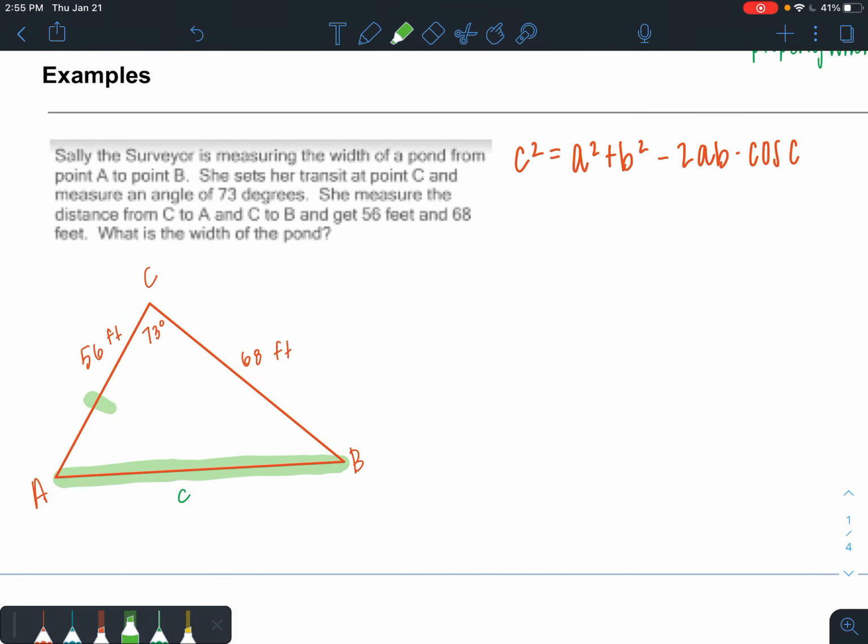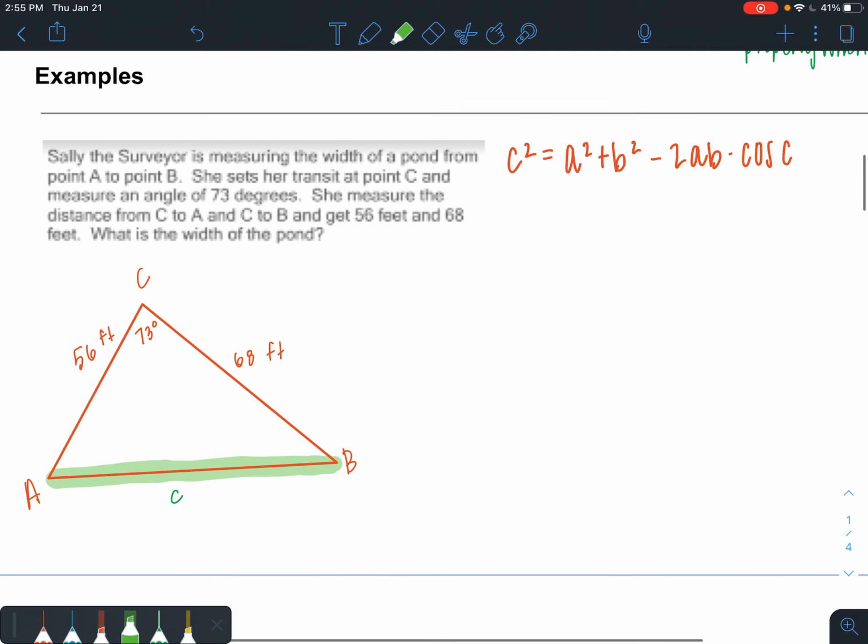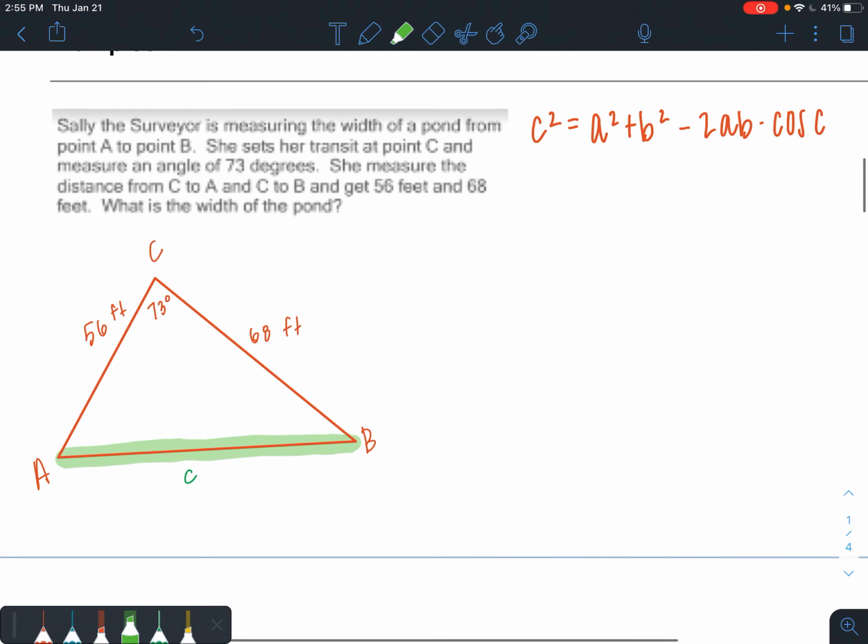So we have side, angle, side, so we're definitely going to use the law of cosines. It's basically just plug and chug. So this is unknown for us at the time being, so I'm just going to put it in orange just to show it's unknown. And then we're going to plug in this other stuff.